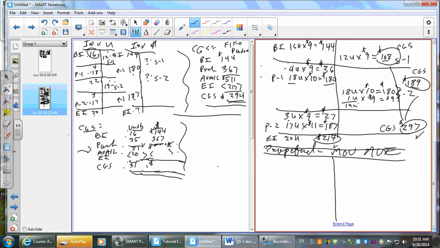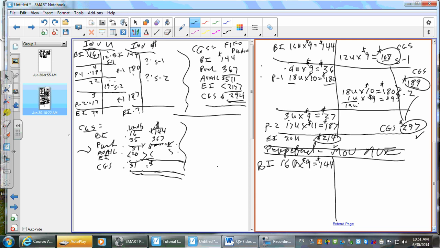What do we start with in our beginning inventory? 16 units. How much did they cost? $9. That was $144. And again, in real life, it'd be a different inventory, right? Beginning of one time, beginning of the next. What's the first thing that happens?